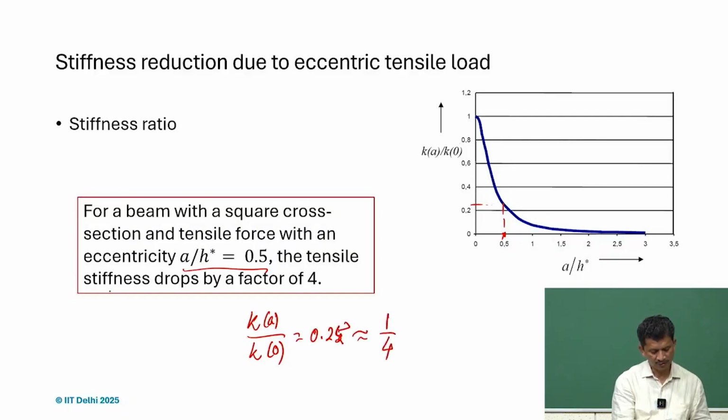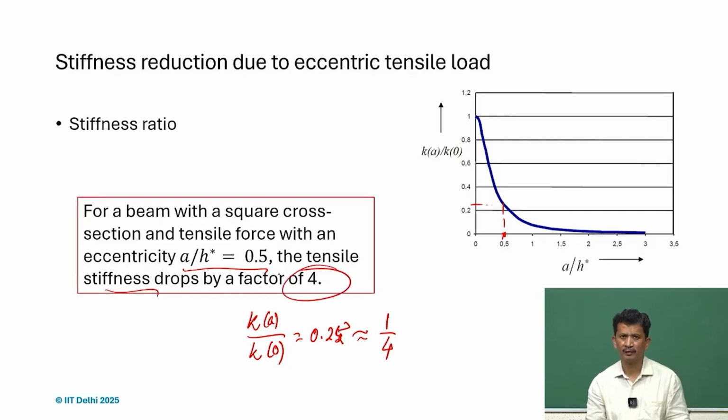So the stiffness drops by a factor of 4. So just the non-symmetric embodiment and the symmetric embodiment can give rise to this kind of variation.